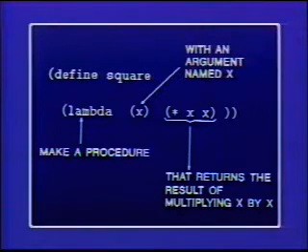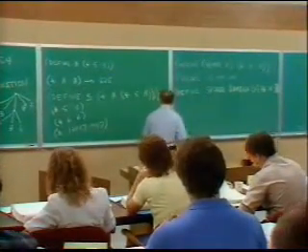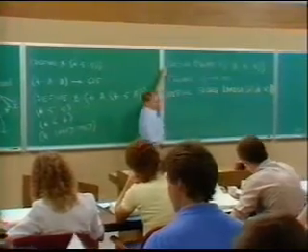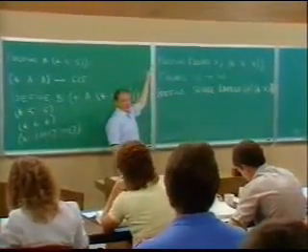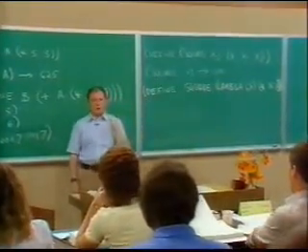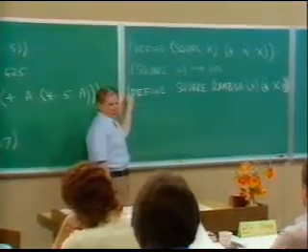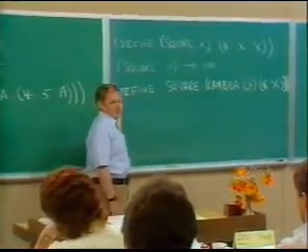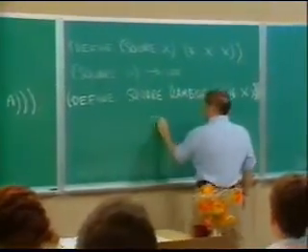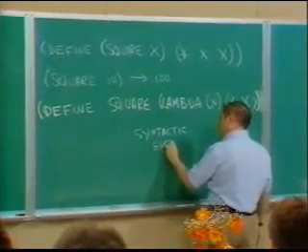Now, in general, we're going to be using this top form of defining, just because it's a little bit more convenient, but don't lose sight of the fact that it's really this. In fact, as far as the Lisp interpreter is concerned, there's no difference between typing this to it and typing this to it. And there's a word for that, syntactic sugar.